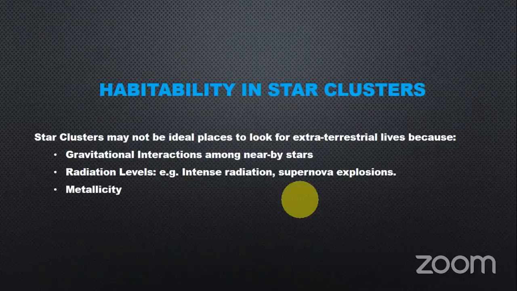Metallicity simply means those elements that are above hydrogen and helium in the periodic table. Those are formed around population 1 stars. Since the stars in globular clusters are metal-poor, it is likely that you may not find any planet in a globular star cluster. Probably. I'm not saying you must not. Probably you may likely not find.